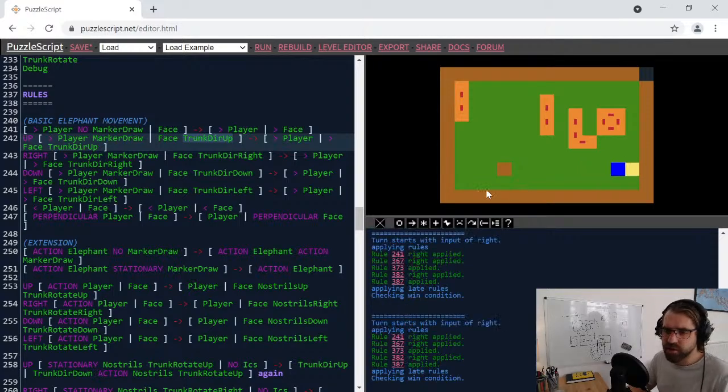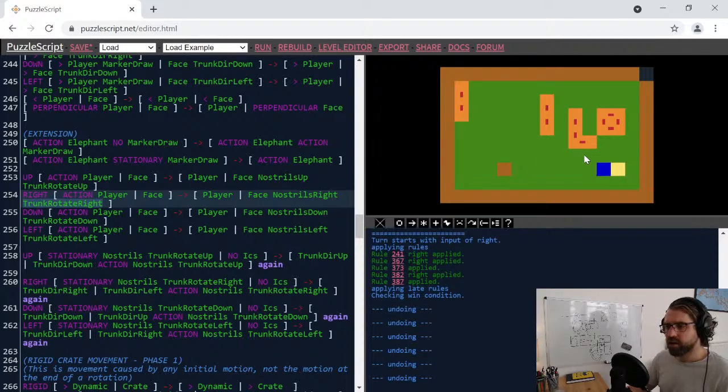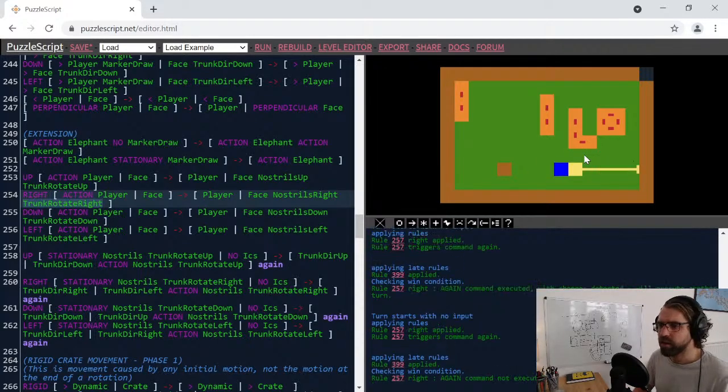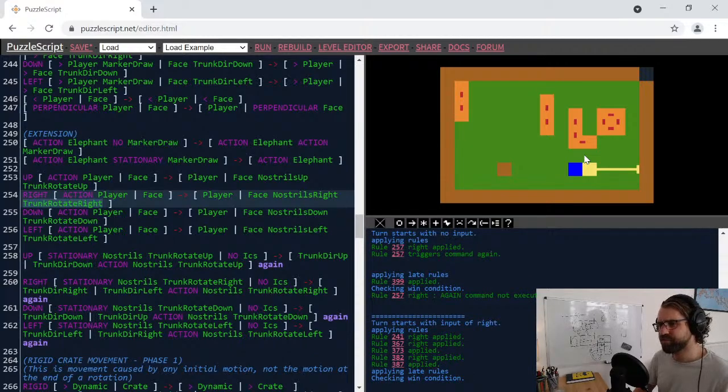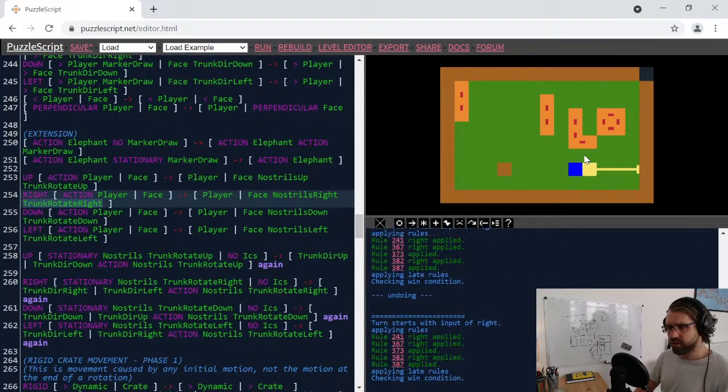Does that place a trunk too? I think it does. No. Oh, no, it doesn't. Still, anyway, so walking forwards.